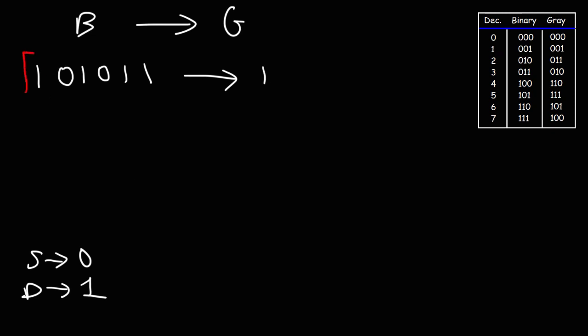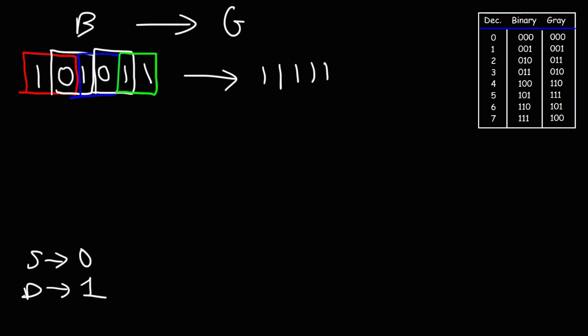Now let's compare these two. 1 and 0 is different, so we're going to put a 1. 0 and 1, they're different, so we're going to put a 1. 1 and 0 are different, so we're going to put a 1. And then we have 0 and 1, that's different. And then finally, 1 and 1, they're the same. So the answer in gray code is 1, 1, 1, 1, 1, 0.